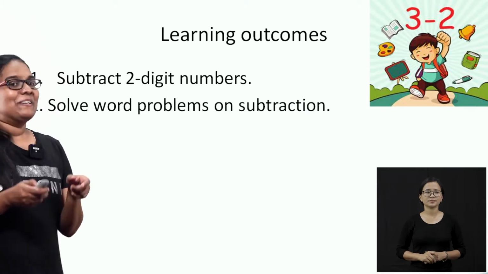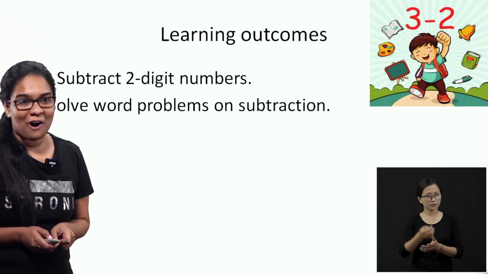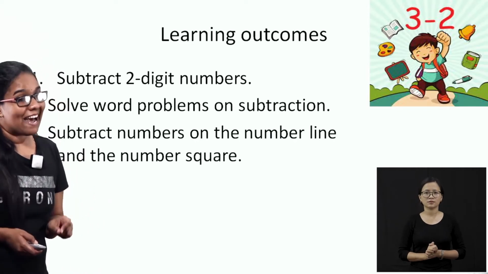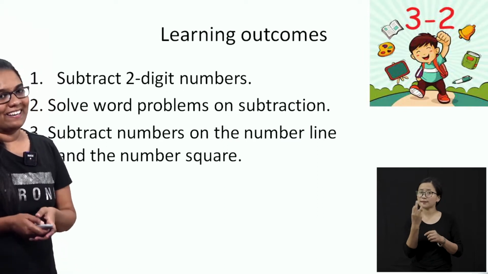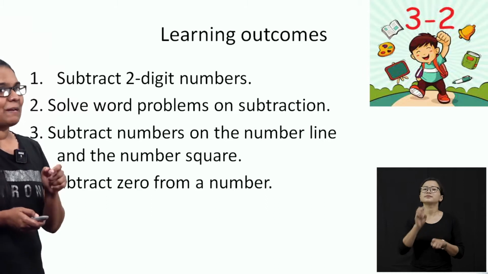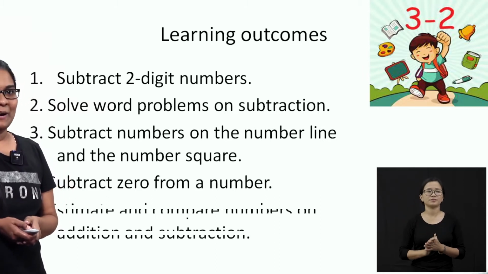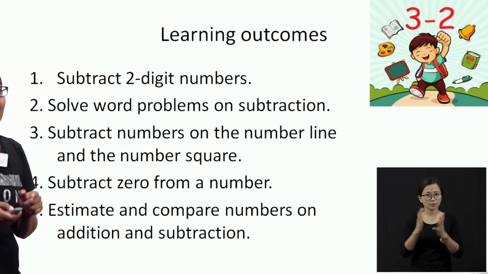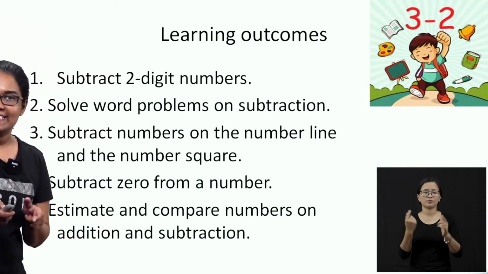Then, we are going to solve word problems on subtraction. Then, subtract numbers on the number line and the number square. Then, subtract 0 from a number. Then one more thing, estimate and compare numbers on addition and subtraction.